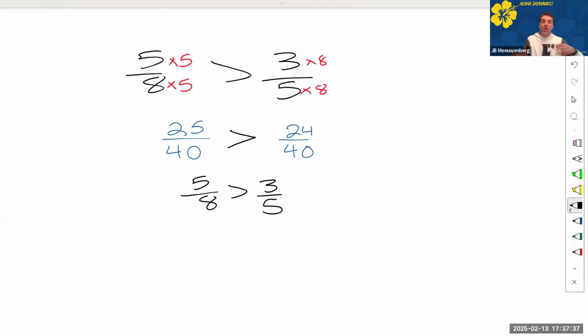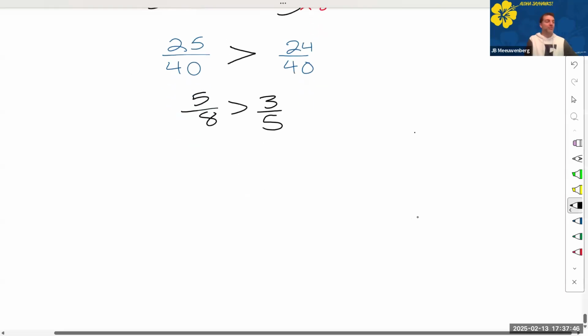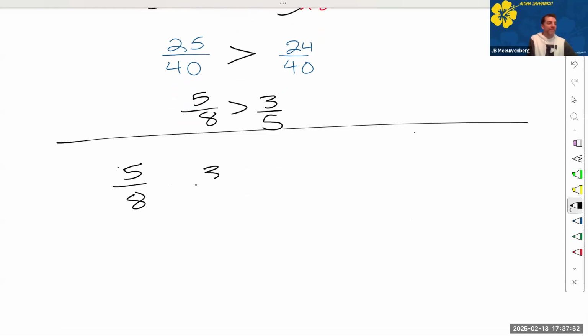Several moments ago, we talked about the idea of cross multiplication as well. We can also use that strategy to compare. I'm going to go back and reuse these same two fractions, 5/8 and 3/5.